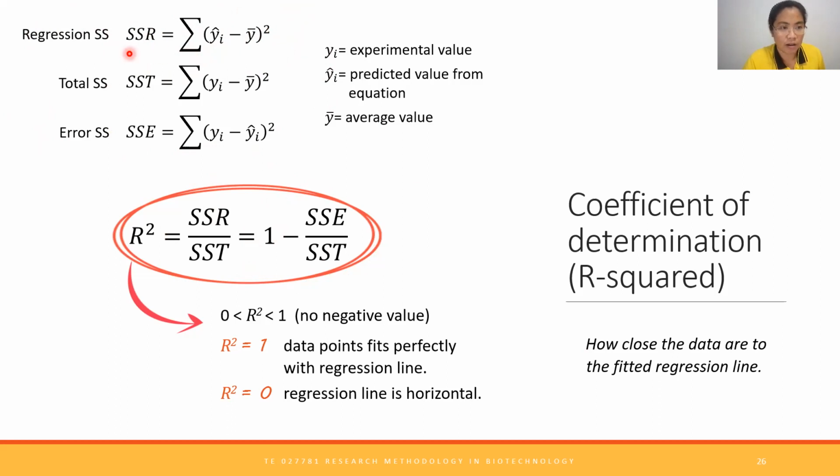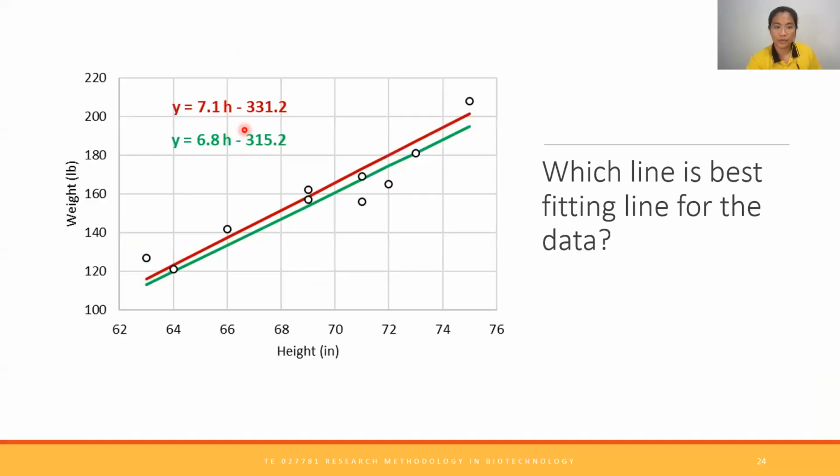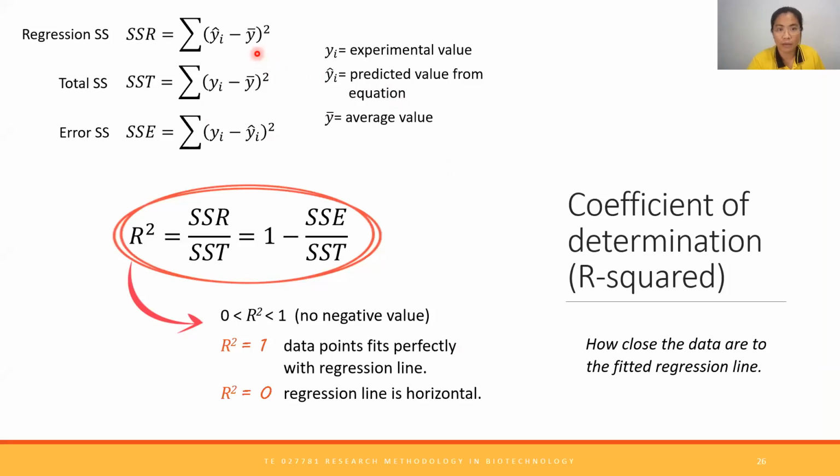Look at each type of the sum of square which is used in R-square calculations. The first one is regression sum of square. It is the difference between predicted values and the average values. Everybody knows average, right? Like for that graph with the 10 data, the arithmetic average of the 10 data is your y bar.